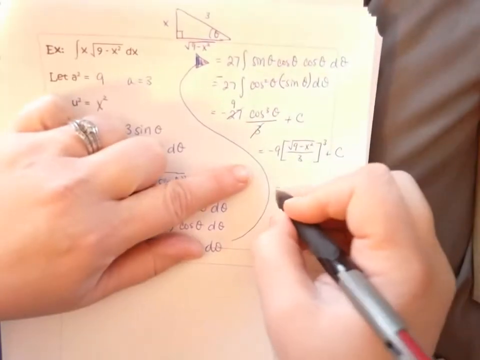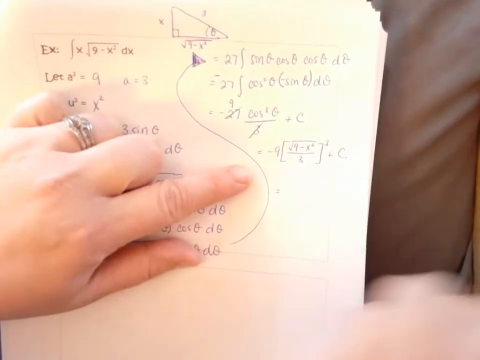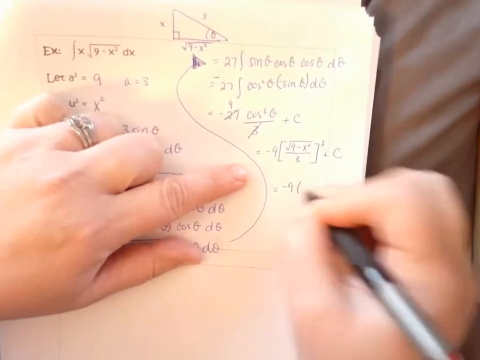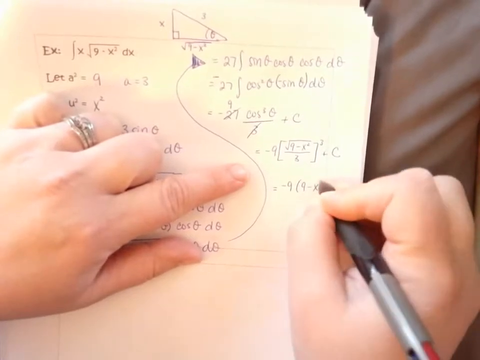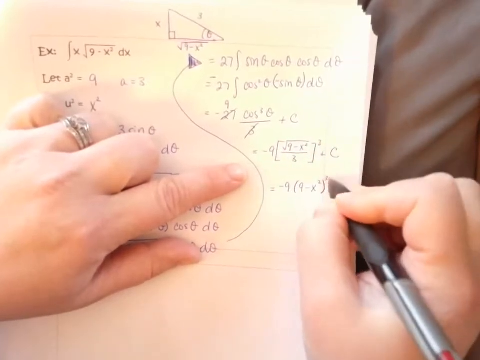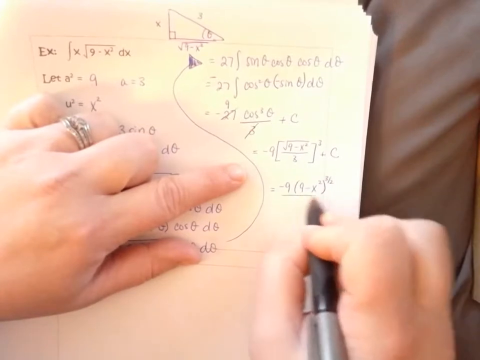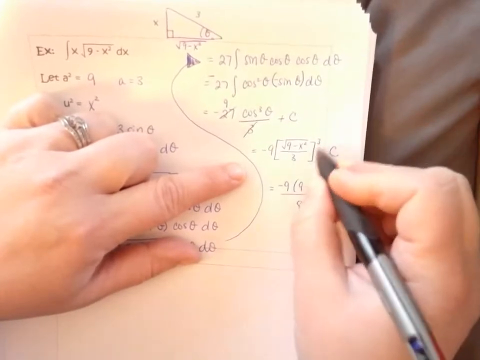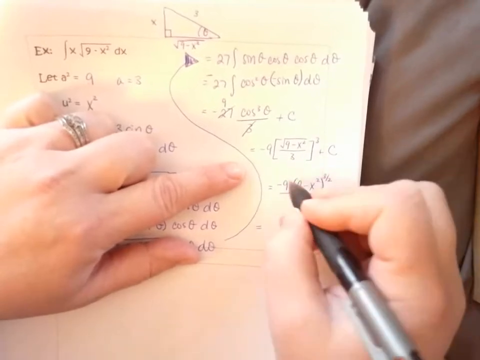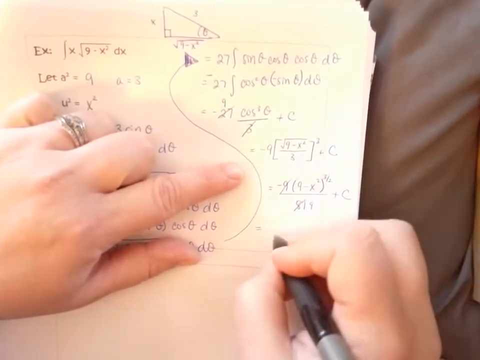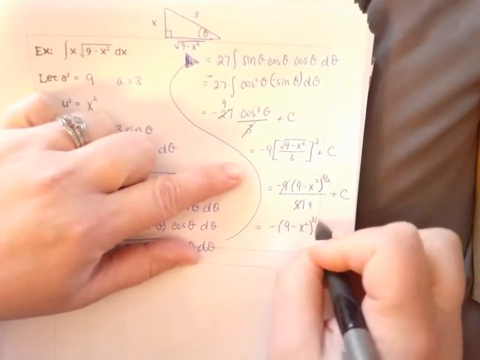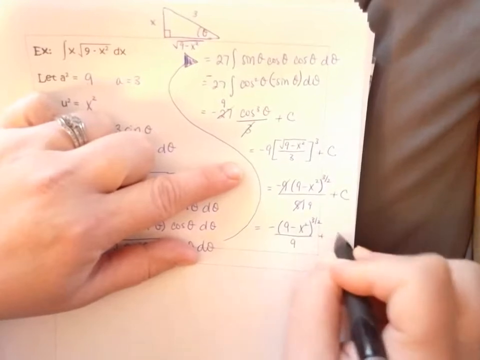If you want to simplify it further, which you don't necessarily have to, especially if the answer doesn't say you have to, this is going to become negative 9, rather, times 9 minus x squared to the 1/2, and now with it cubed, it becomes to the 3/2, and then 3 cubed, because we cubed the top and the bottom, is 81. For a final answer, I get negative quantity 9 minus x squared to the 3/2 over 9 plus c.